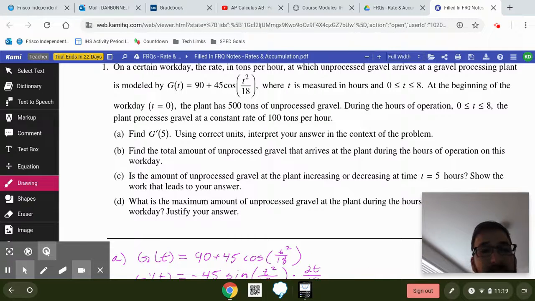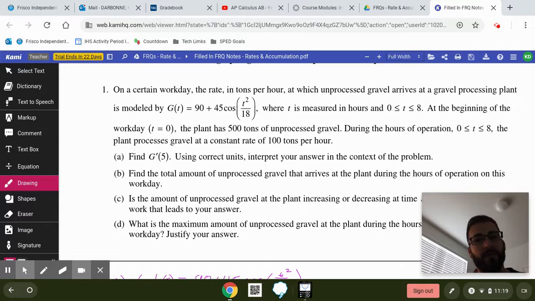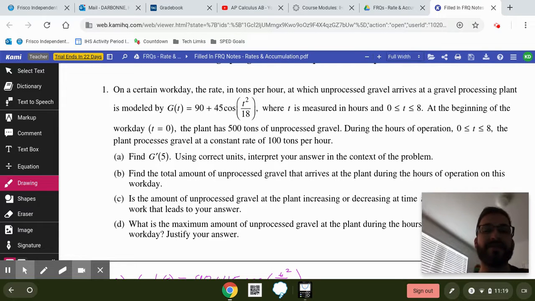All right, so this one's a little confusing because we kind of talked about this already in part A where we found the derivative. And the derivative was the rate of the rate of the unprocessed gravel arriving. But that specifically was about just the gravel arriving. So in this plant, as they've told us, the unprocessed gravel is arriving from hour 0 to hour 8.